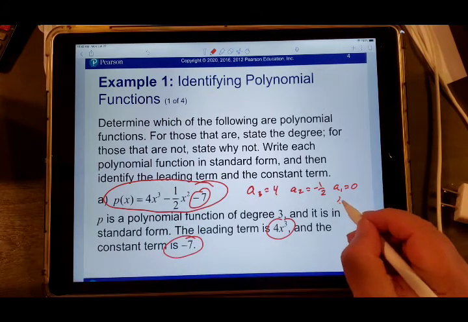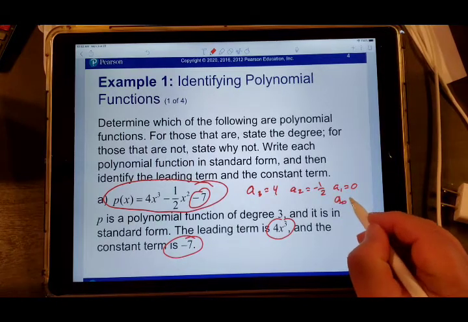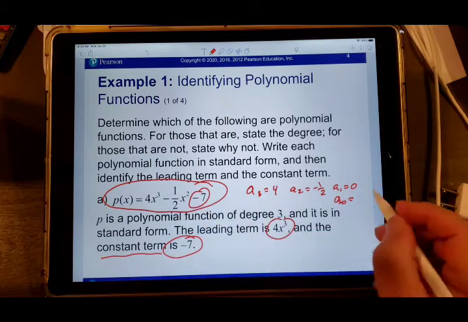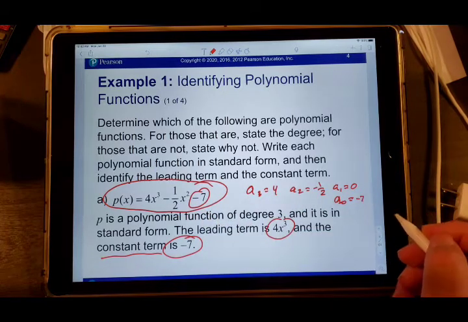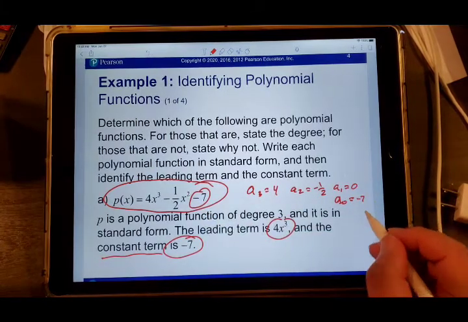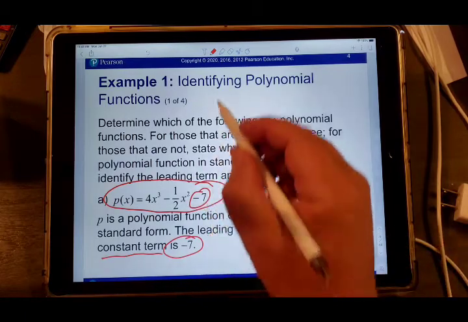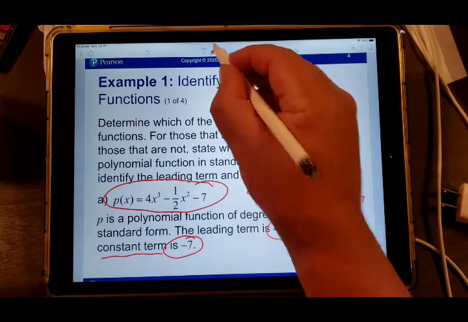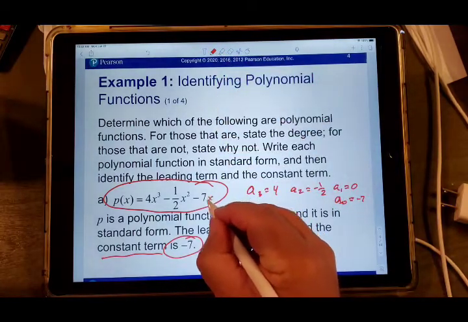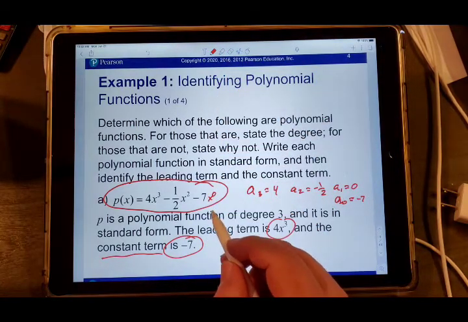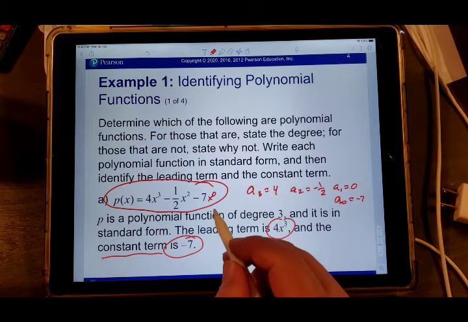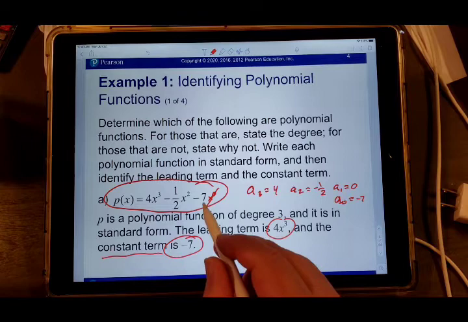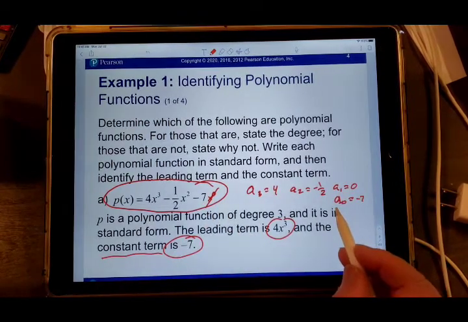And of course, a sub 0, also known as the constant term, is negative 7. And again, what I was saying is you can think of this term as 7x to the 0. Remember, x to the 0 is 1. Anything to the 0 is 1. But the x to the 0 is invisible, but that's why this term gets the name a sub 0.